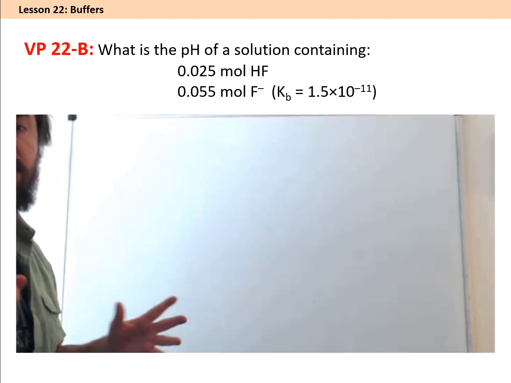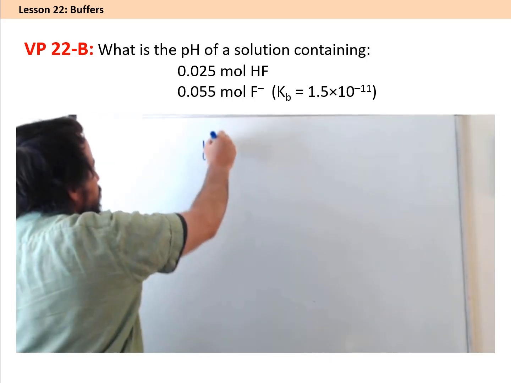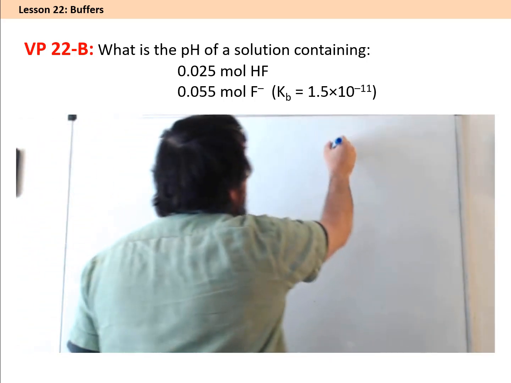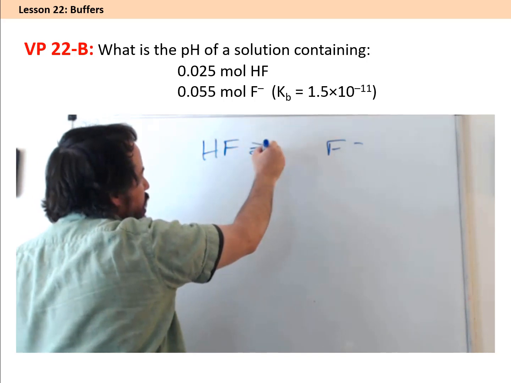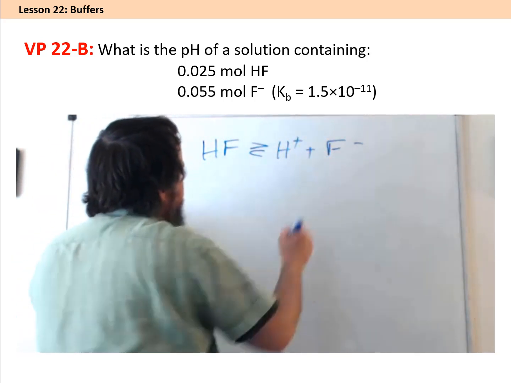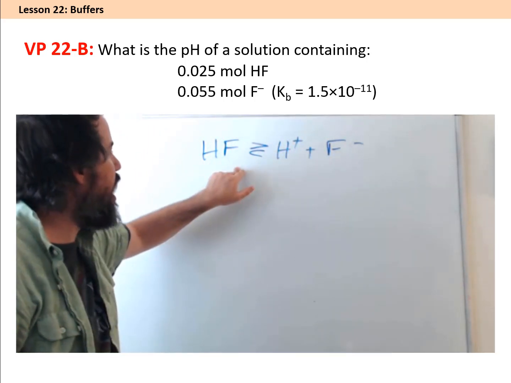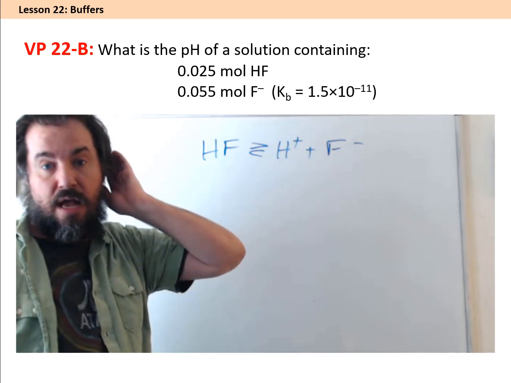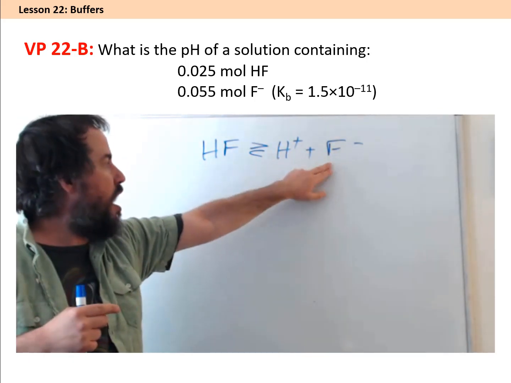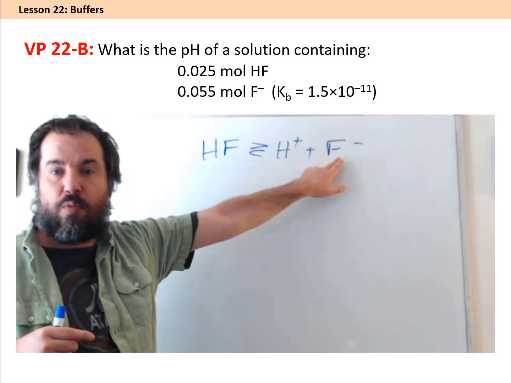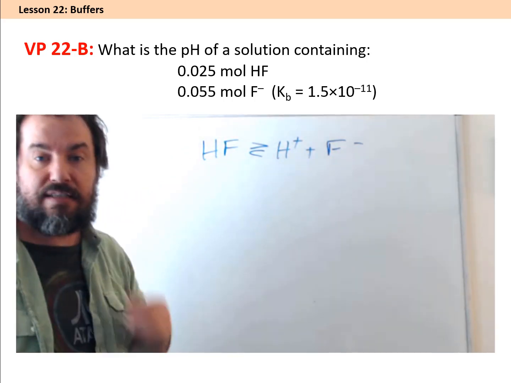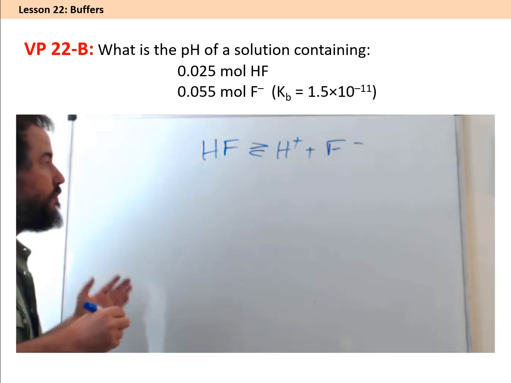So first, is this a buffer? Well, HF and F minus, these two are related because if I lose H plus from HF, I'll get F minus. And notice that Kb for F minus, that means this is a weak base, and this is going to be a weak acid. So this is a buffer.